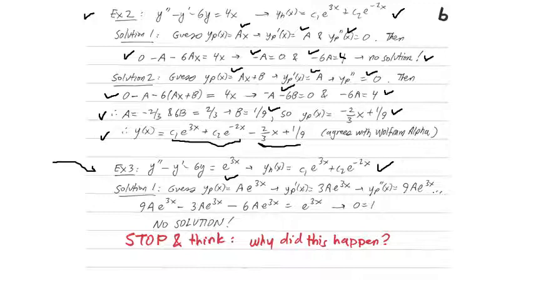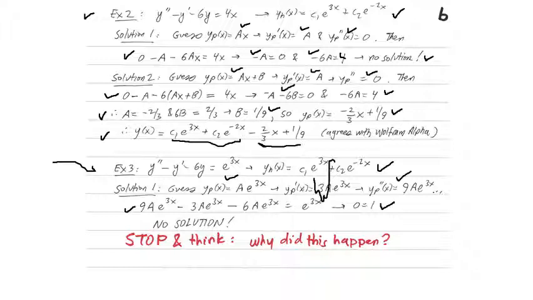If we pursue the same method, take the first derivative of that and the second derivative of that, and then plug into our differential equation like we've been doing, we get 9a minus 3a minus 6a times e to the 3x is e to the 3x. So we're getting the equation 0 equals 1, which obviously has no solution.